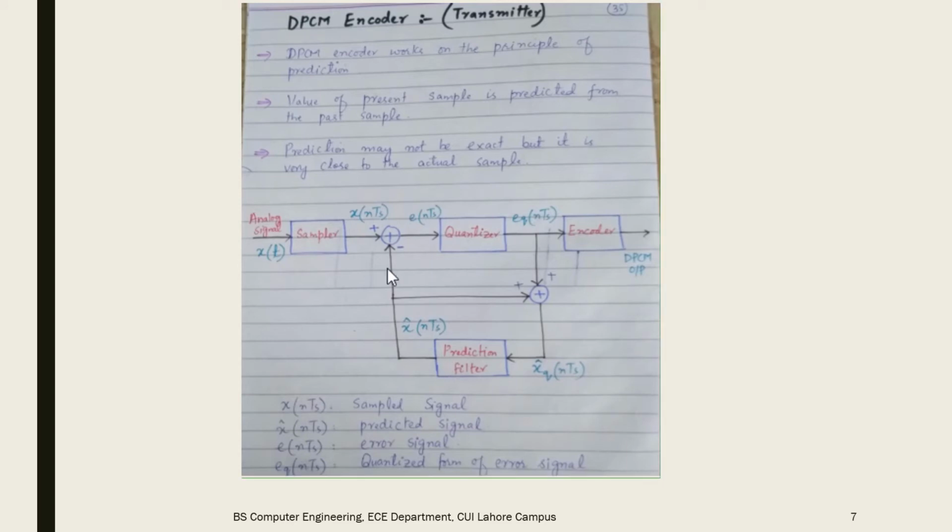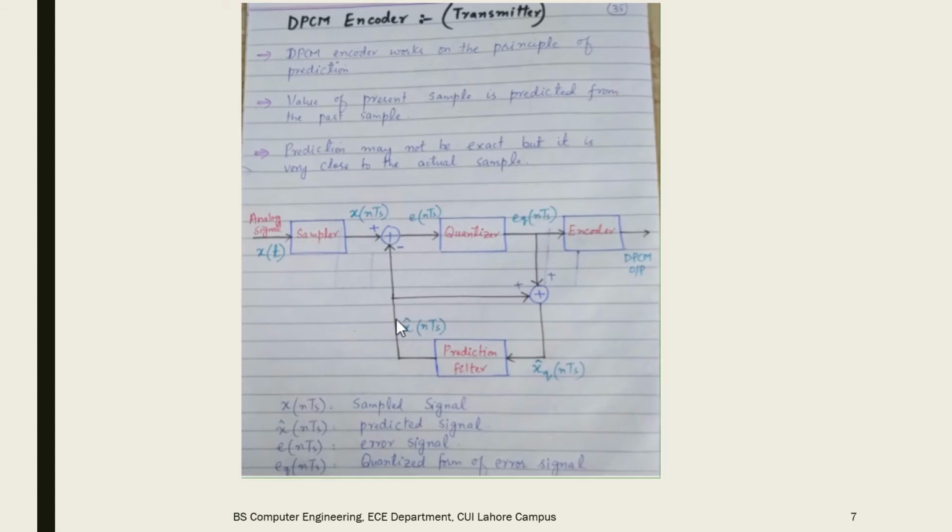Here in the start we have the analog signal, which is x of t, and when this x of t passes through the sampler it is converted into x of nTs. Now the comparator finds the difference between the actual sample value, which is x of nTs, and the predicted sample value, which is x bar of nTs.